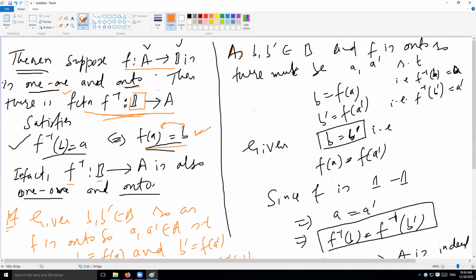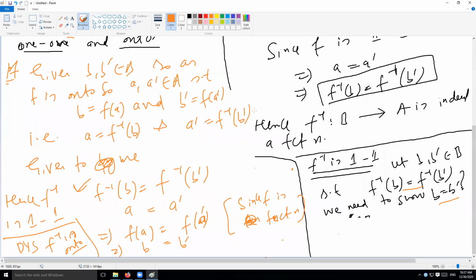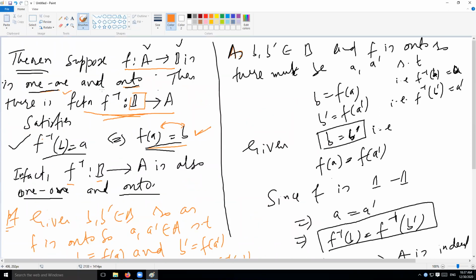So this theorem gives you a beautiful description: if your function is 1-1 and onto, your function has an inverse. And this recipe tells you how to find that inverse.